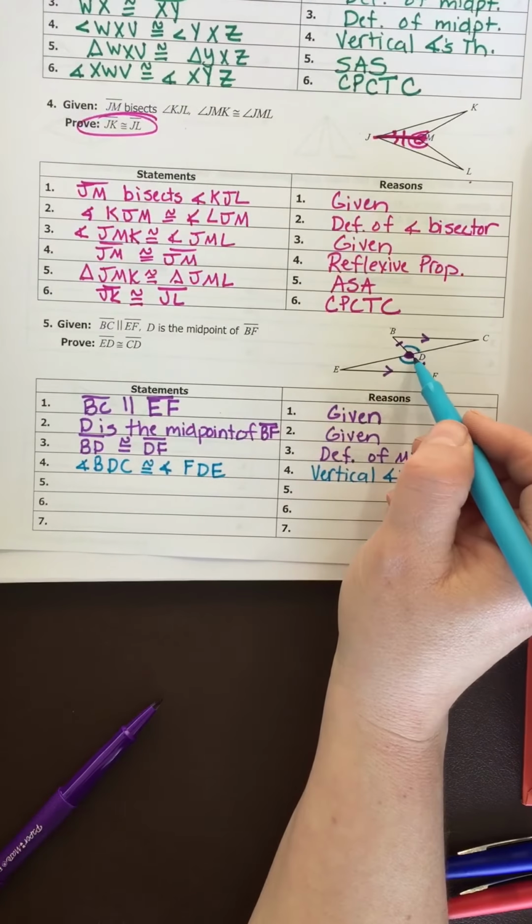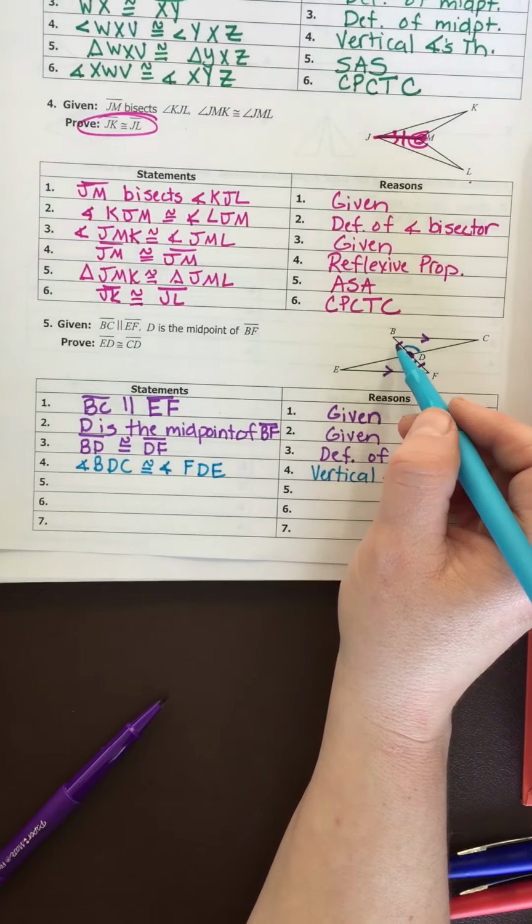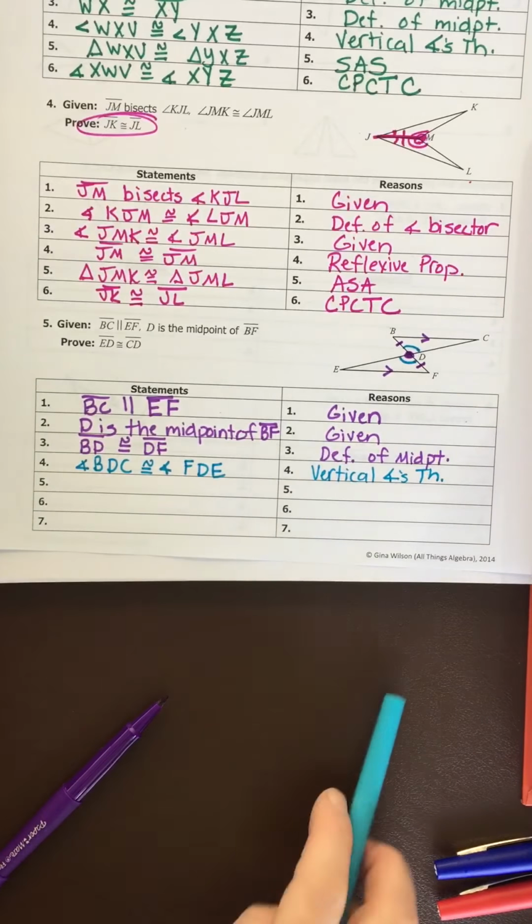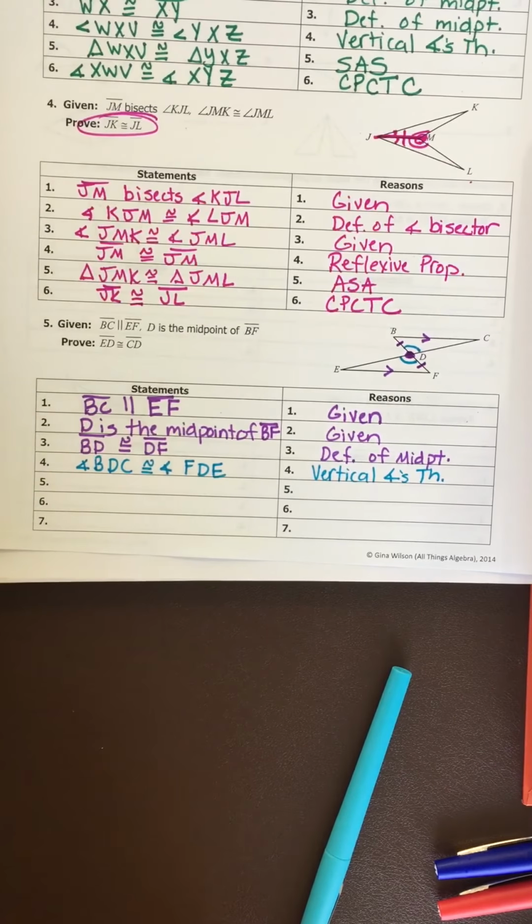All right, so we have an angle and we have a side. So I know I just need another angle. What angles can I say is congruent? So I can either do angle, angle, side, or angle, side, angle, actually in this case.